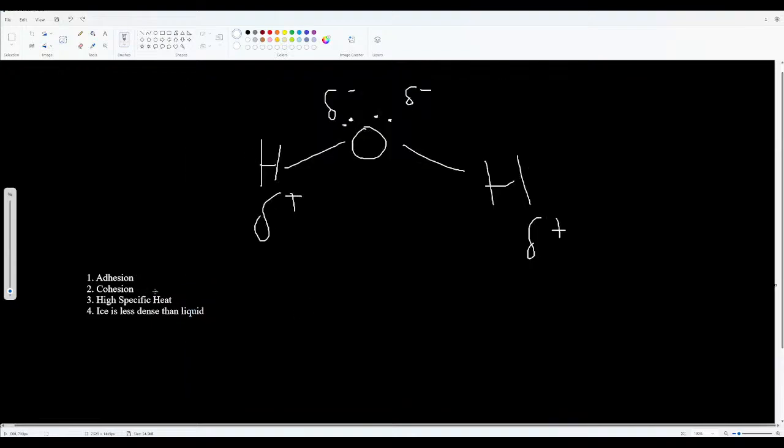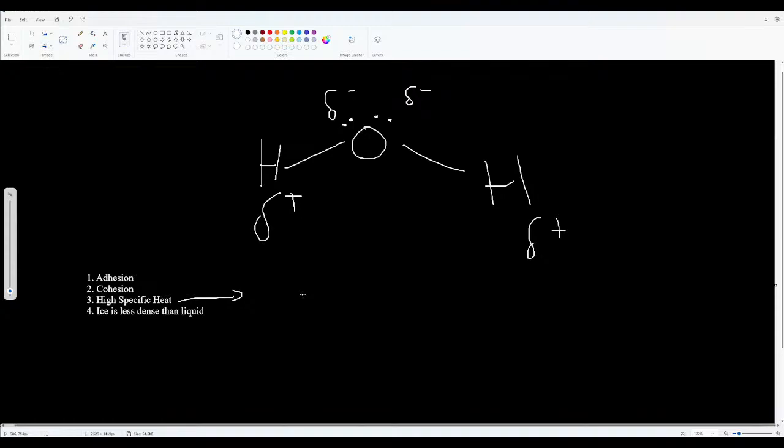So another really important thing about water is the high specific heat. Specific heat basically is a measure of how quickly something heats up, how quickly you could raise the temperature of something.